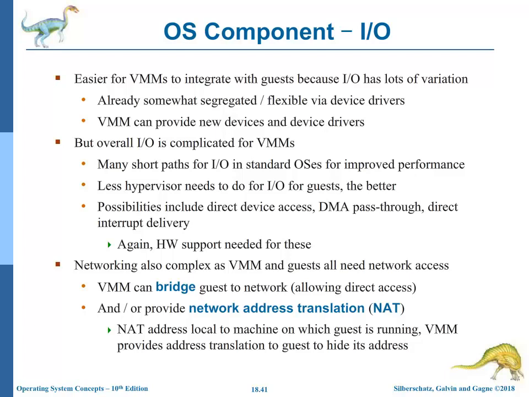Bridged networking works with both wired and wireless host network adapters. Alternatively, the VMM can provide a network address translation, NAT, address. The NAT address is local to the server on which the guest is running, and the VMM provides routing between the broader network and the guest.